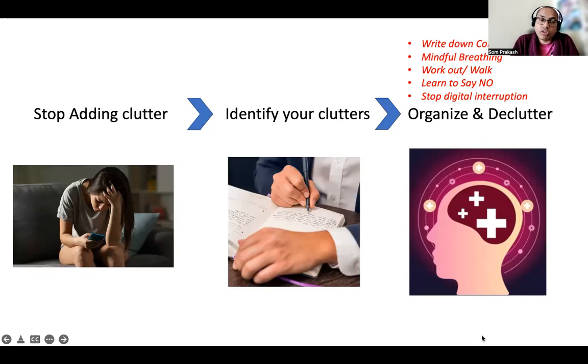It creates a thought in your mind. If you are looking through news articles, most of the time they are all negatives. When you go through negative articles, you feel agitated, and your thoughts become negative as well. So you have to make sure that you stop adding clutter to your brain.